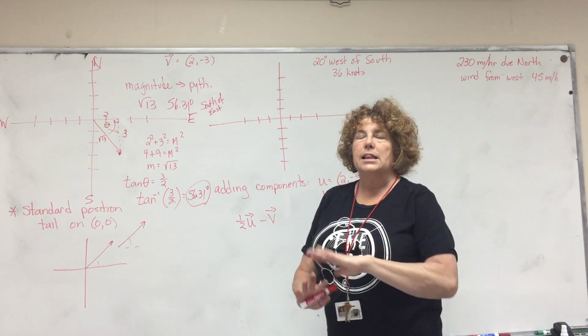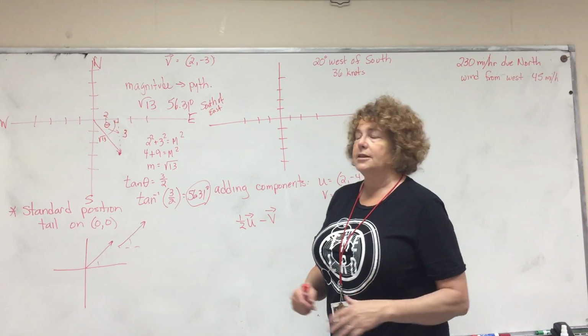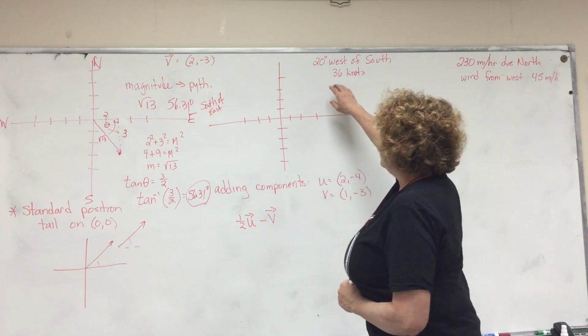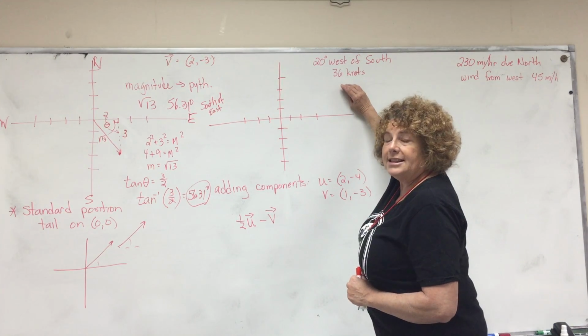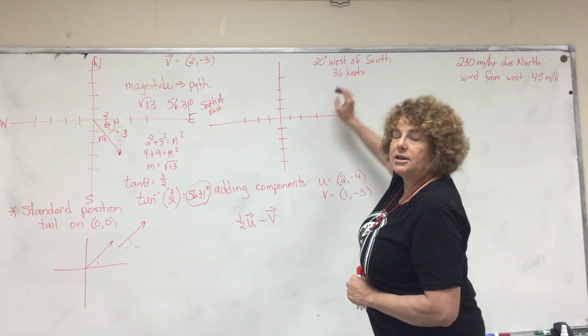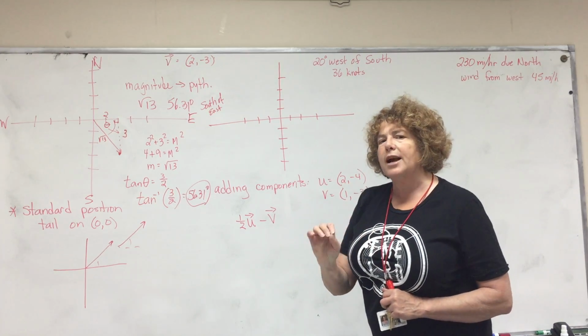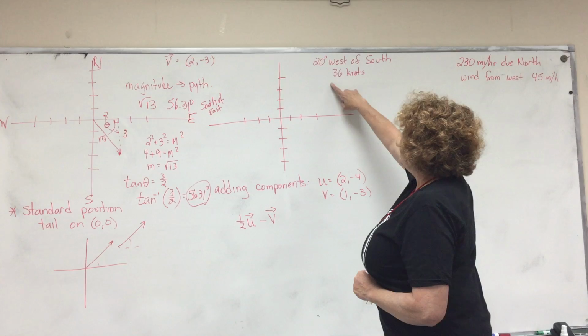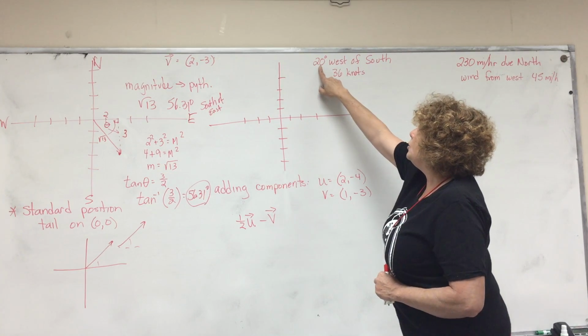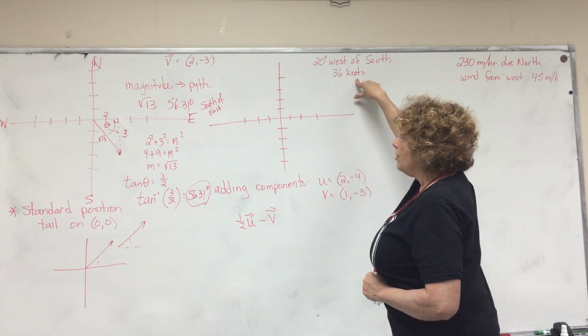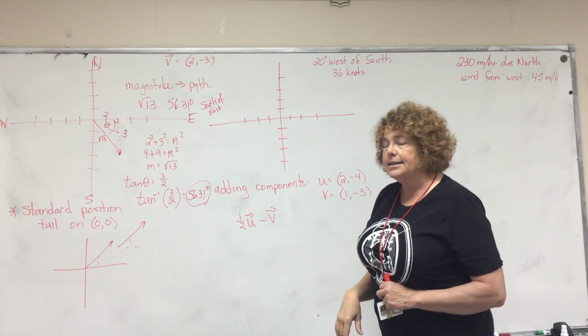Now, we use vectors a lot in science, especially in physics. Velocity is something that's always written as a vector, because velocity is a speed with a direction. So in this, they give you something going 20 degrees west of south, 36 knots.